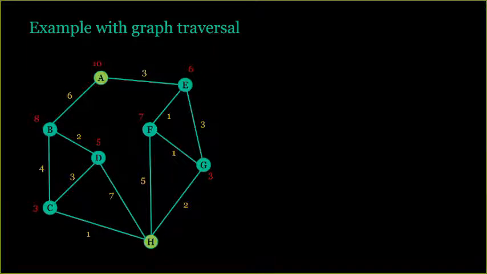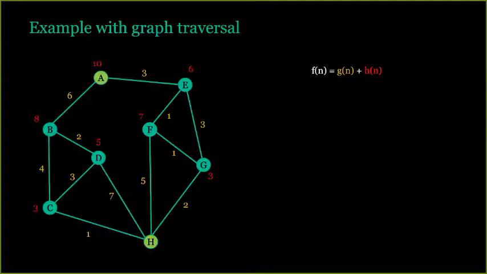To proceed with the algorithm, we are repeating the formula from the previous slide, and in every decision we make during the travel from start point to end point, we take into account the value of the f function.